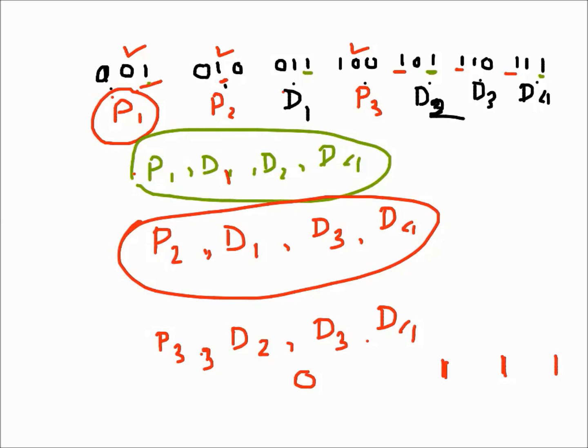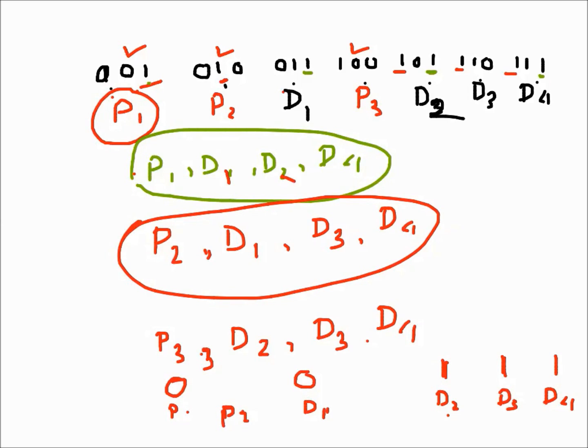We can see that this is D1, this is D2, this is D3, this is D4. There are 2 ones already, so P1 will be 0.